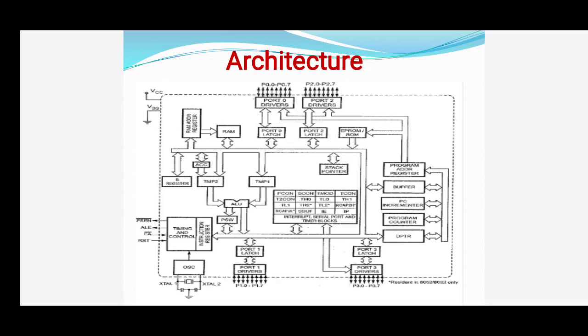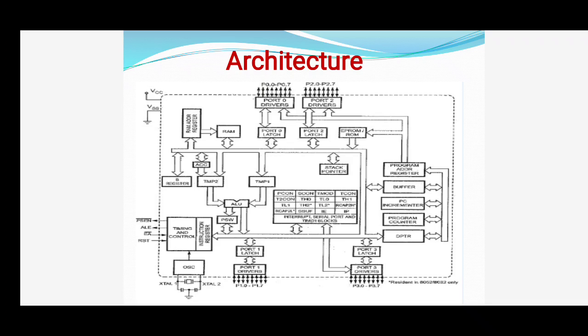Next are the registers. The most widely used registers of the 8051 microcontroller are the accumulator, meaning A, B, R0, R1, R2, R3, R4, R5, R6 and R7, and DPTR, meaning data pointer, and PC, program counter.